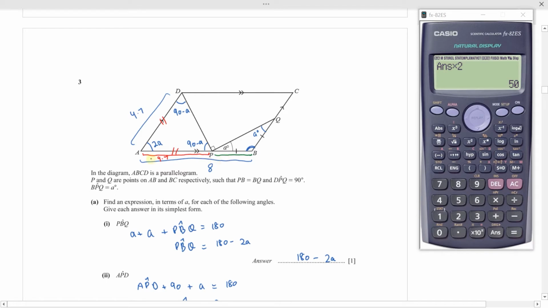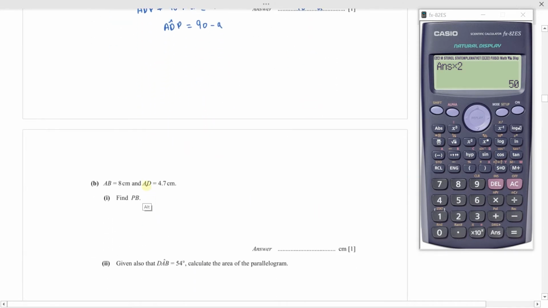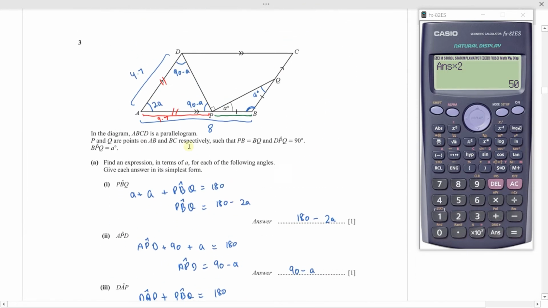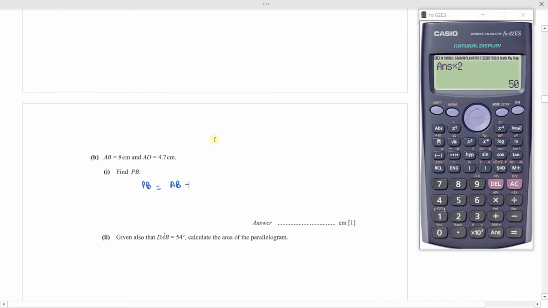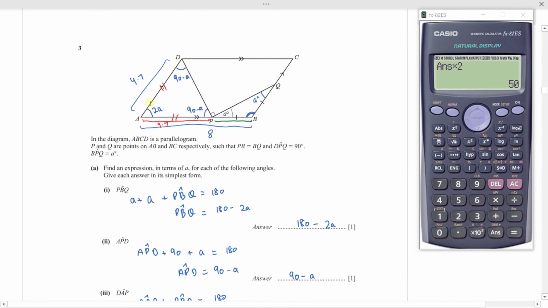So if this full length is 8, this is 4.7. So PB will be AB minus AP, or 8 minus 4.7. So PB will equal AB minus this length AP, which is AB minus, and AP is the same as AD because this is an isosceles triangle.